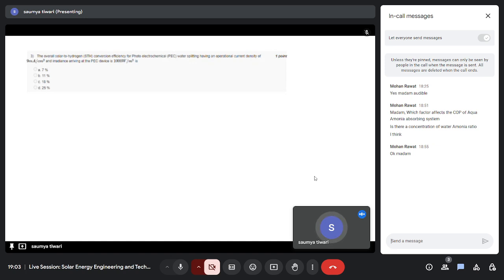So we have been asked about the overall solar to hydrogen conversion efficiency for a photoelectrochemical water splitting system. I'll give some time to reflect on this question, and if possible try to solve it, and then I'll explain how to approach it.